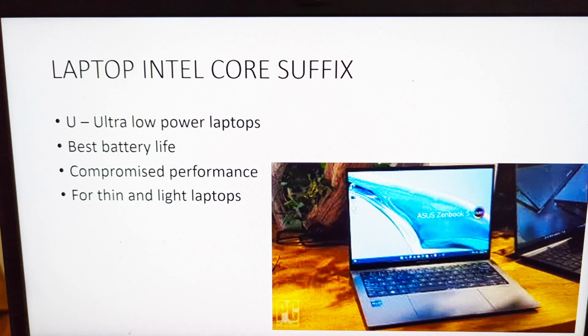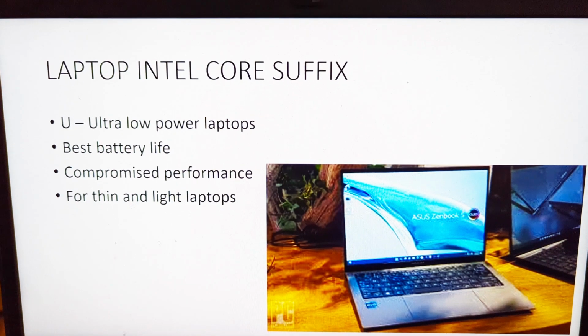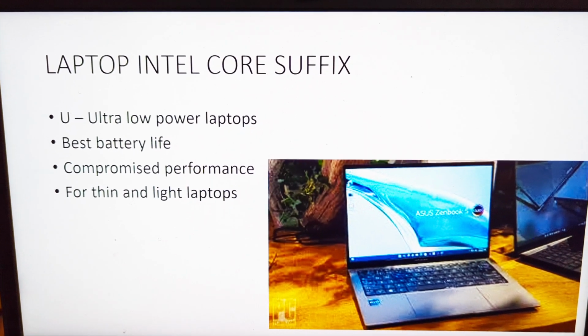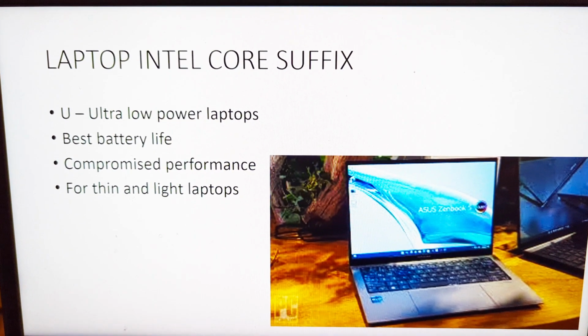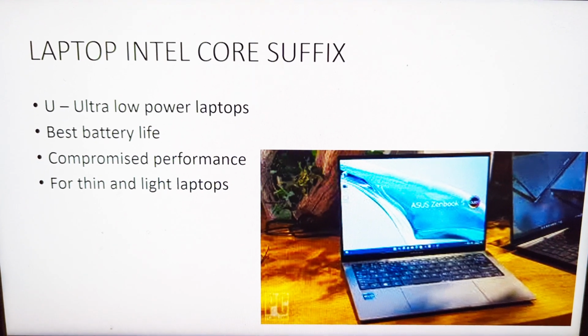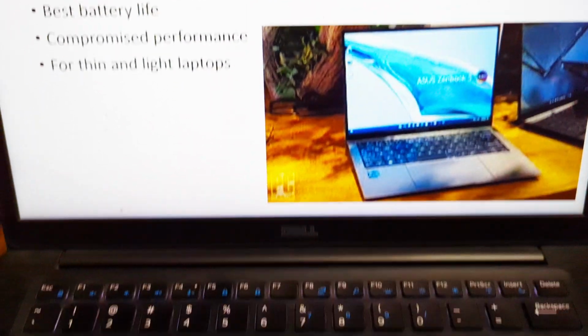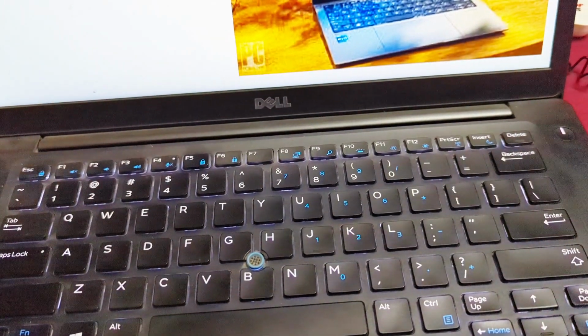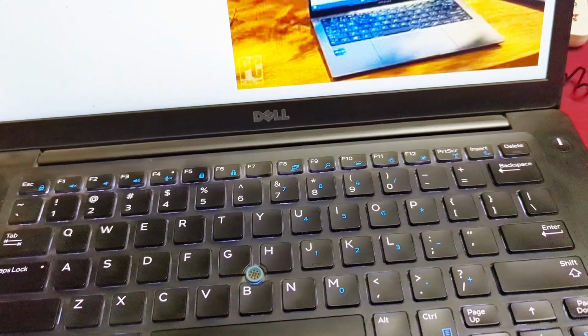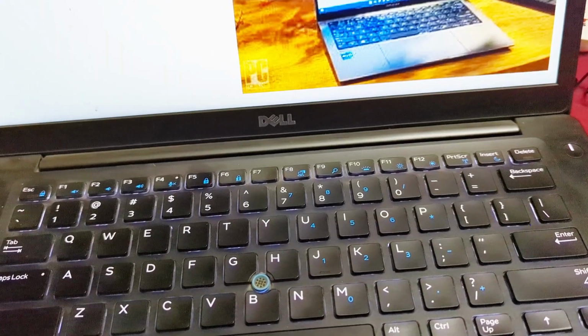Another series is the U series laptop, which is meant for ultra low power laptops. They provide the best battery life, but they compromise on performance. So these are meant for very thin and light laptops. As you can see, this is my Dell Latitude 7480, and this is also a U series laptop.